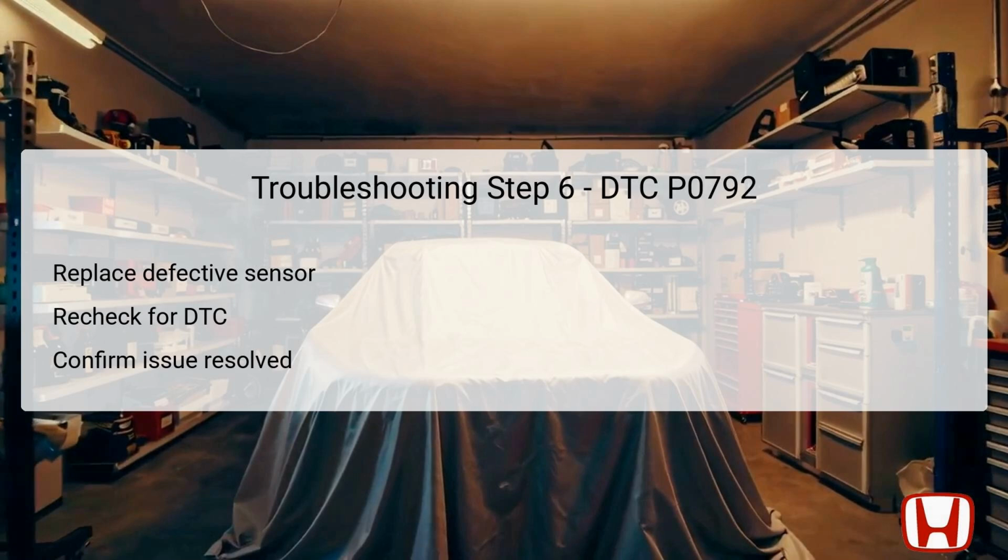Confirming that DTC P0792 no longer appears verifies that the sensor replacement resolved the issue. This systematic approach reinforces the significance of each step in isolating the problem and ensuring that all components function harmoniously. Achieving a clear diagnostic status signifies successful troubleshooting and optimally functioning vehicle systems.